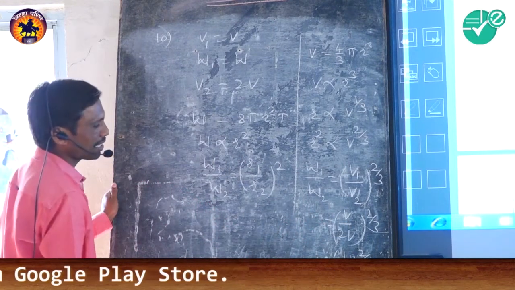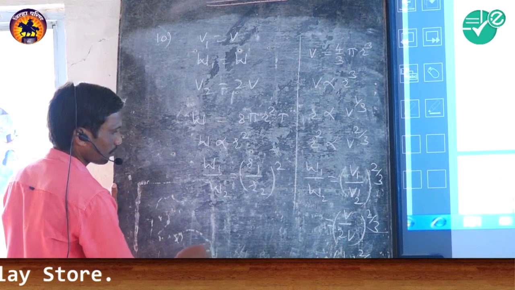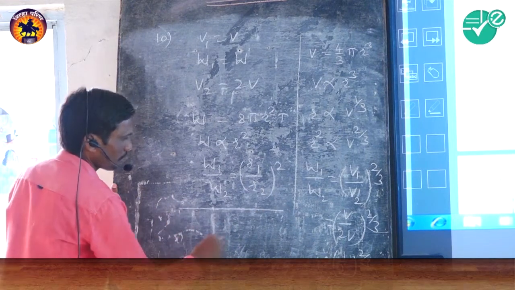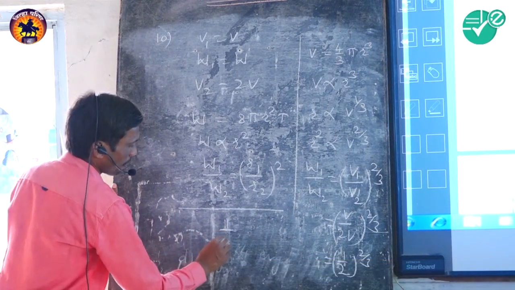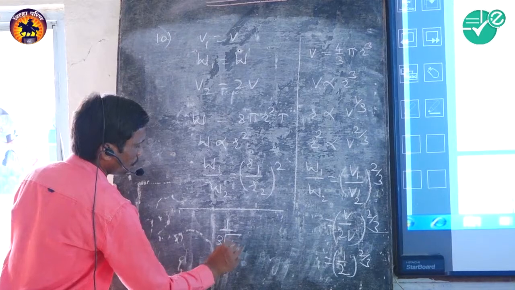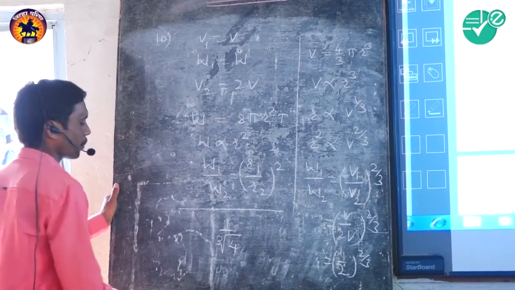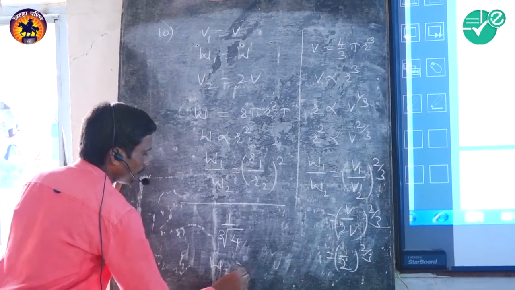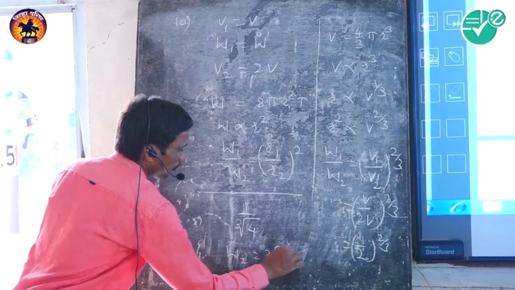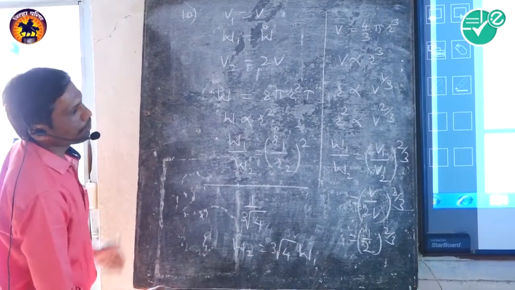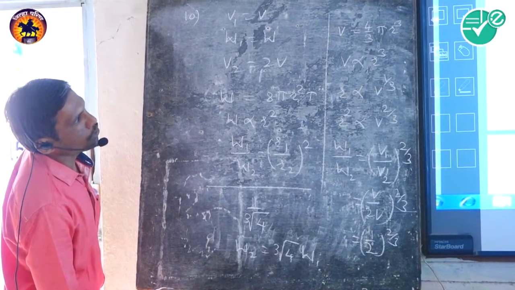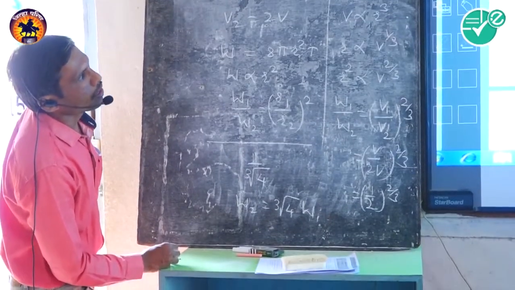It means it is 1 divided by cube root of 4. So W1 by W2 is that, but W2 is equal to cube root of 4 times W1. It means option D is correct.